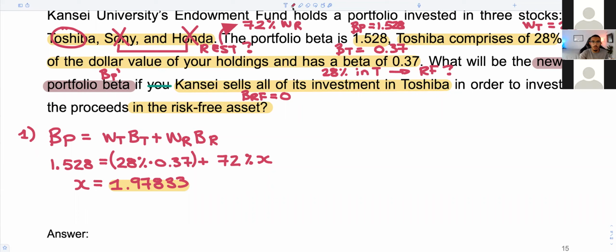Step two is fairly quick and fairly easy. Now we're going to solve for the new beta of our portfolio, beta prime.